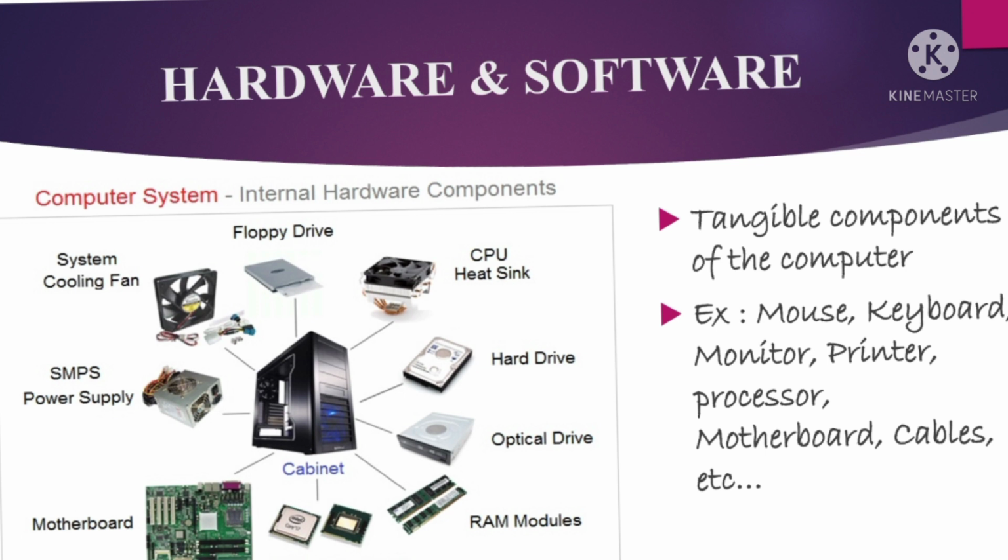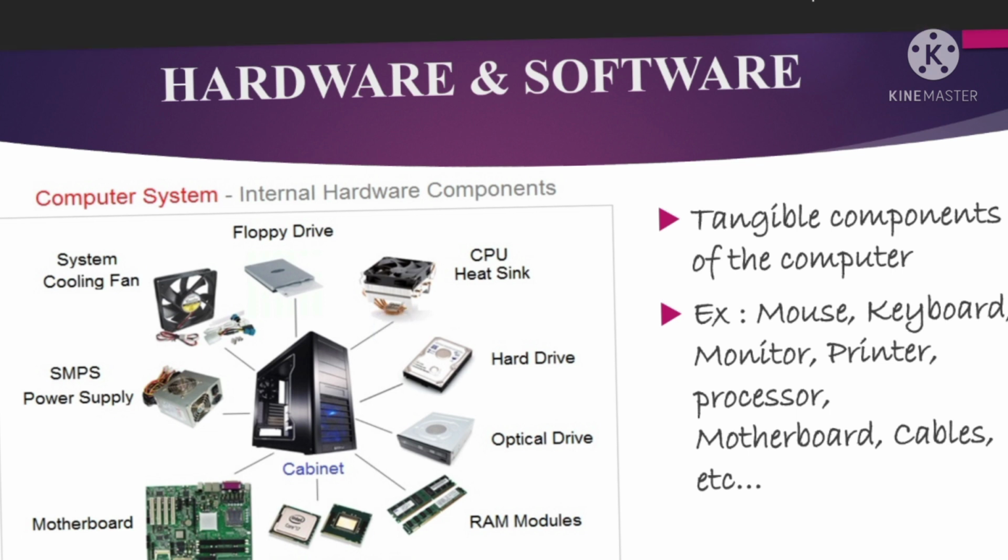As you can see, there are multiple internal hardware components used in the cabinet of the CPU. So we have floppy drive, system cooling fan, power supply, motherboard, RAM modules, optical drive, hard drive, CPU. Yes, these are some hardware components.